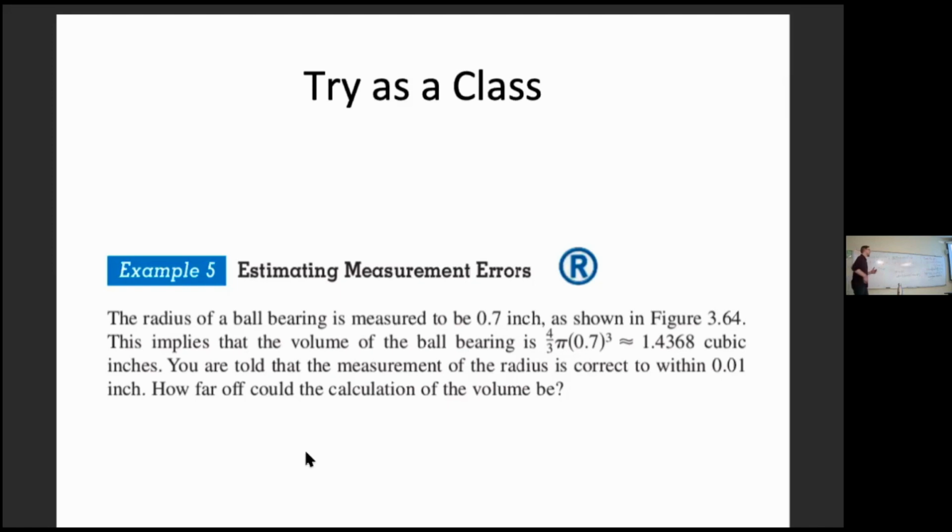But the point here is that there is in fact error in your measurements. So everything from that point on has some level of error associated with it. This allows us to figure out what that error is moving forward. Is everybody cool with that? Yeah. Cool. So in this case, we've got this ball bearing that is 0.7 inches.